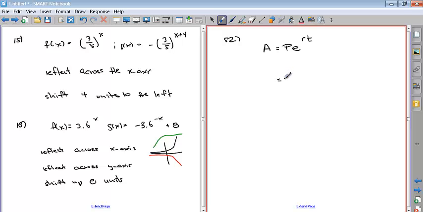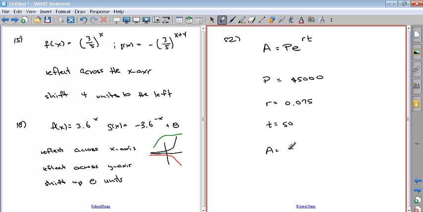So for our particular case, the principal is $5,000. The interest rate is 7.5%, but 0.075 is the decimal equivalent. The t is 50 years. So we plug those in.